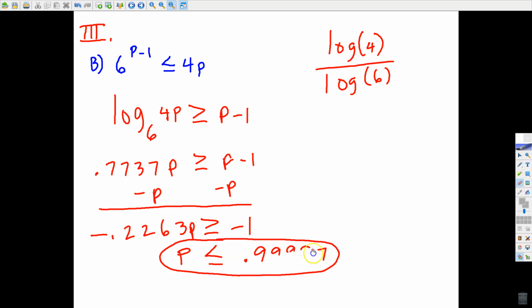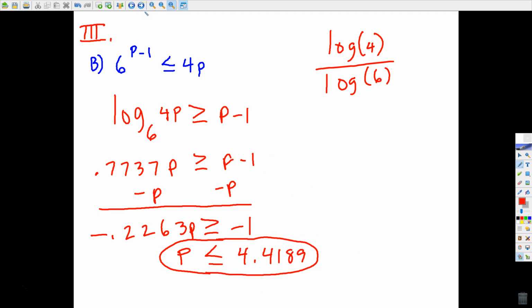Okay. Well, did you do -1 divided by this decimal? Try it again. Somebody else give me an answer. 4.4189? Okay, good. Very good.